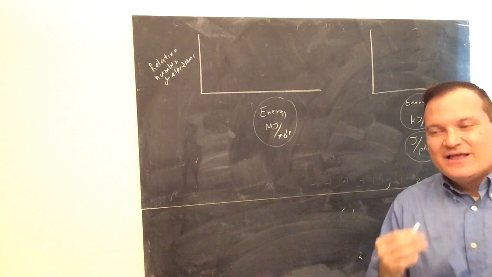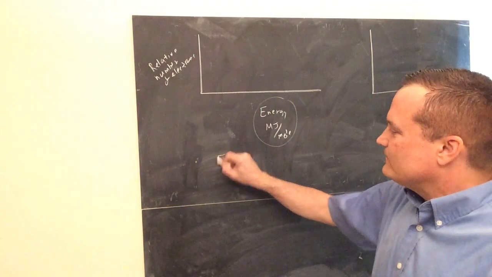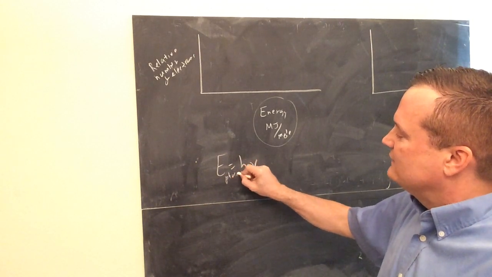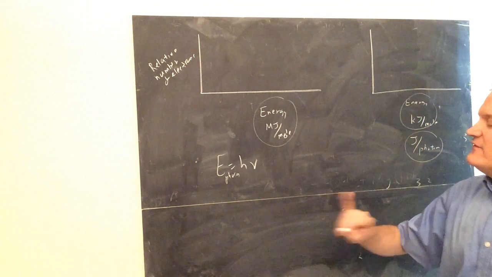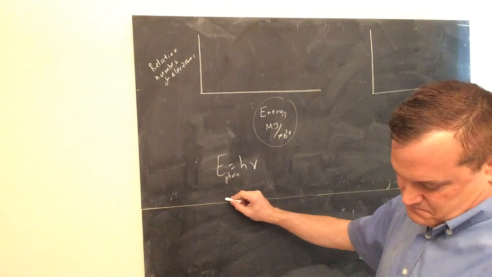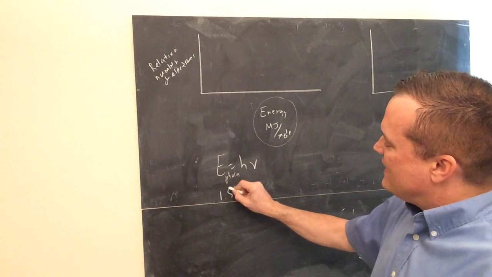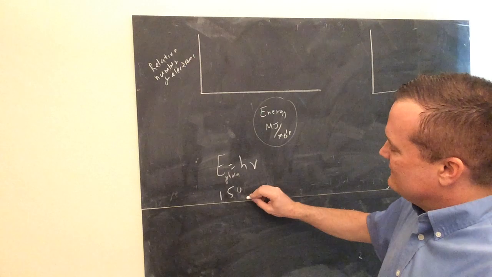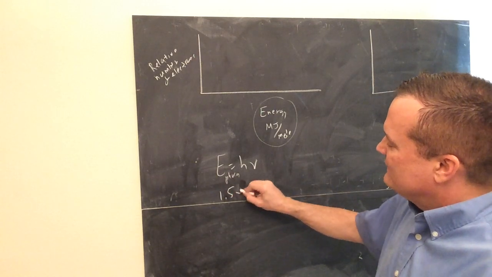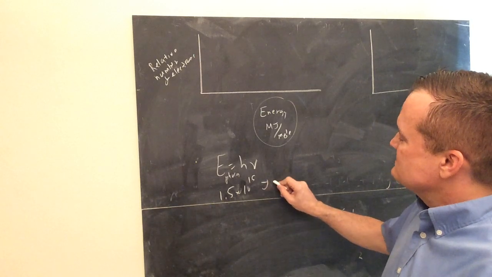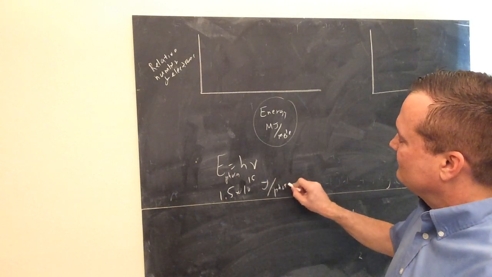So yes, if I were to use this equation and calculate the energy of the photon, of this number, I'll pick some number, 1.5, well, actually 1.5 times 10 to the 15th joules per photon.